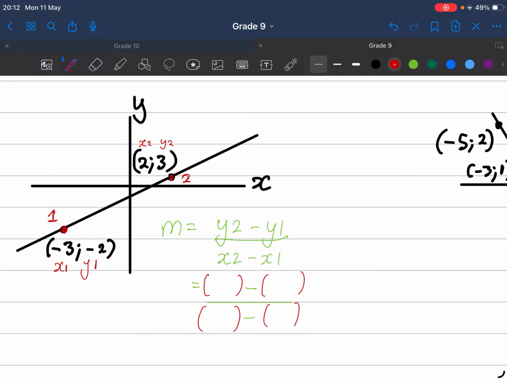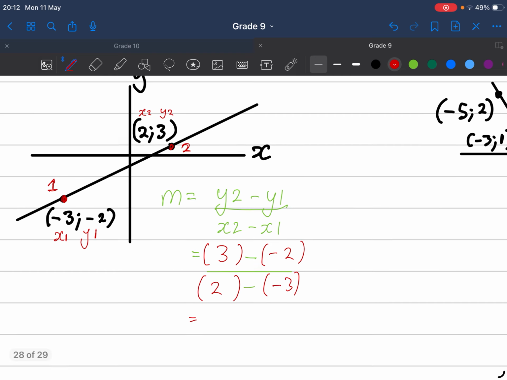So what is my y2 value? Have a look and think about it. It's gonna be 3. If you want, try and fill that in. What is my y1 value now? So remember, this is my y1, so my y1 is negative 2. What is my x2? Well, that's going to be 2, and my x1 is negative 3.